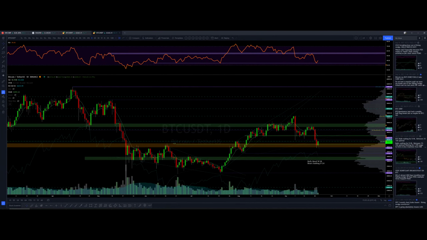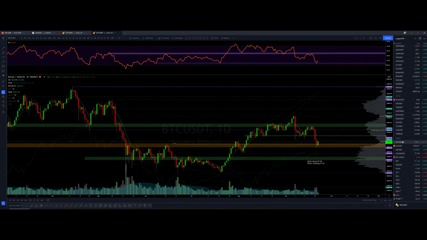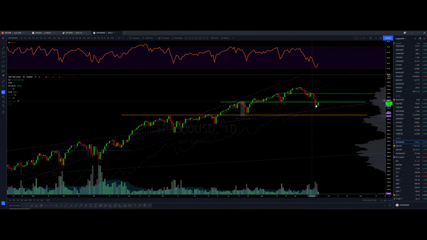But looking at S&P 500, we had a massive drop, right? We had a drop of how many percent? 5%. Probably the biggest drop in a while, right? Way bigger than this.